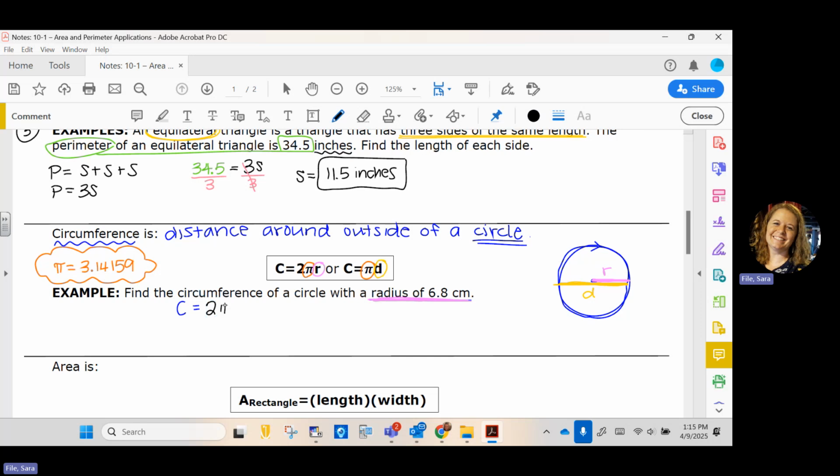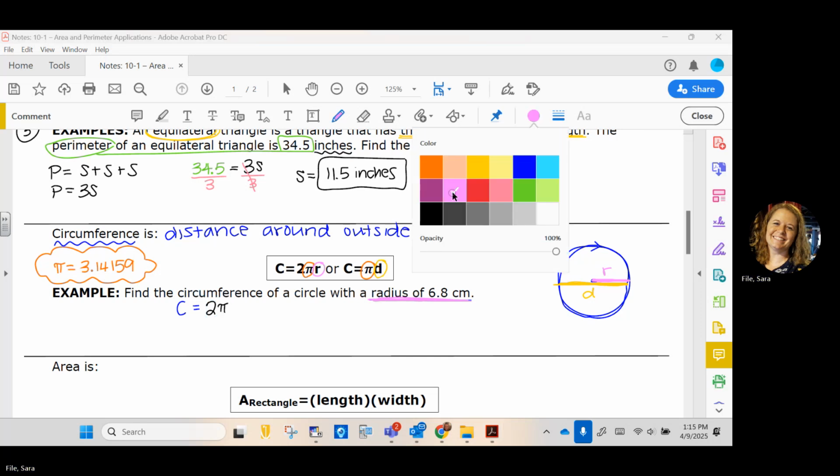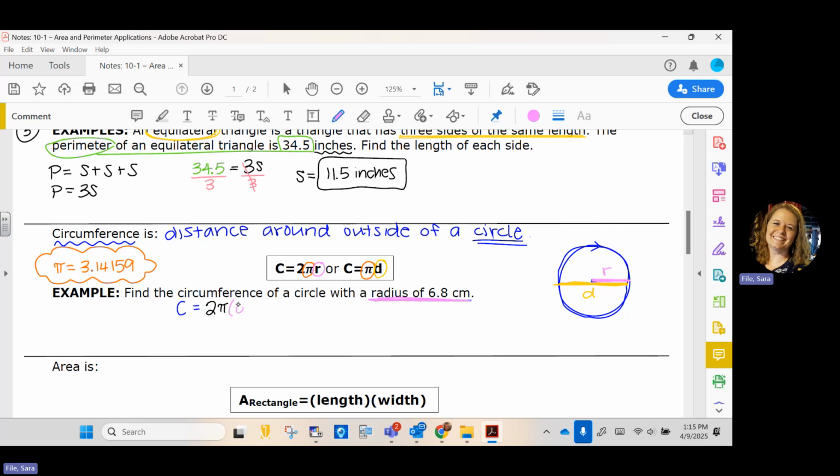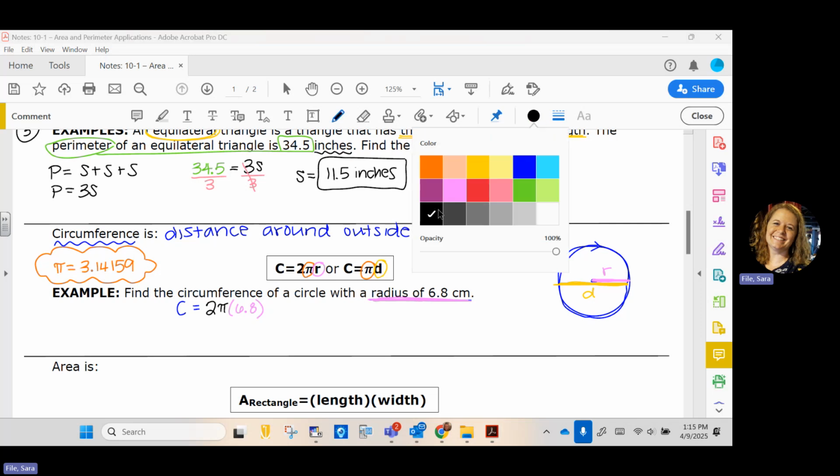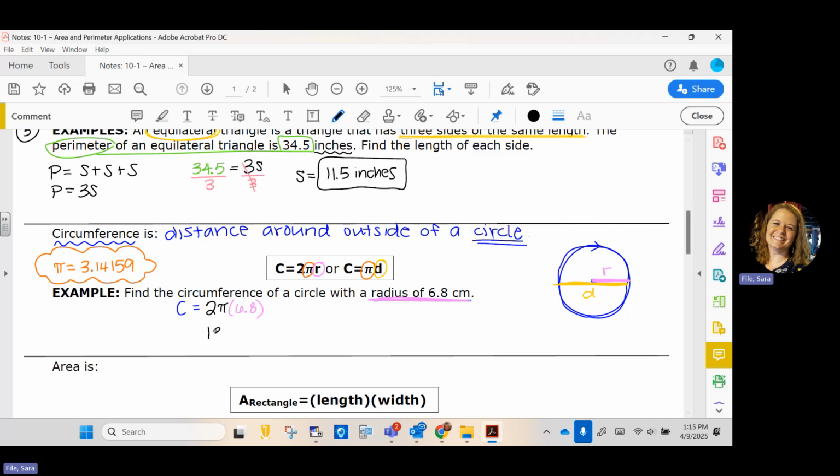So 2 pi, and then my radius is 6.8. Now, if I only multiply the radius times 2 and leave the pi symbol there, I get 13.6 pi. I just multiplied those 2 together.